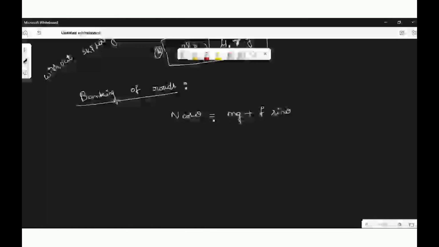If you refer to that diagram, you will get this as your first equation. And the second equation: the centripetal force, mv square by r, is provided by two things. One is N sin theta, the component of normal reaction, plus f cos theta.